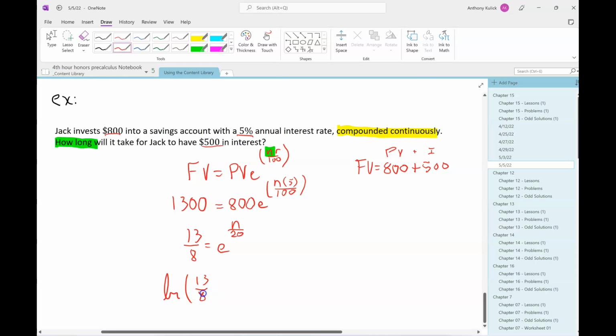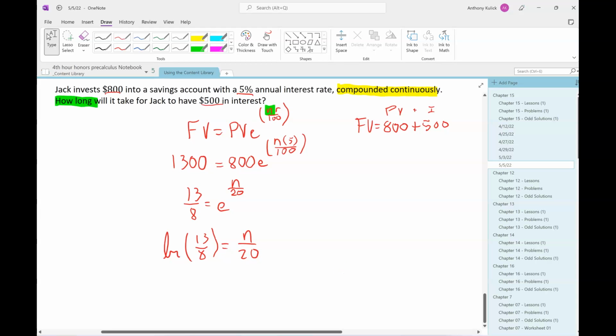We use a logarithm because our variable is located in the exponent. And why did we choose the natural log? The natural log is log base e, and we want to pick the logarithm to match the base of the exponential, e in this case. My last step is to multiply both sides by 20. And then it's just calculator time.